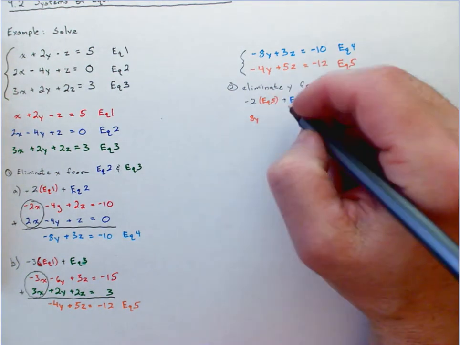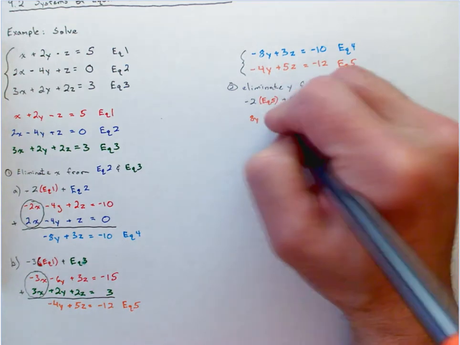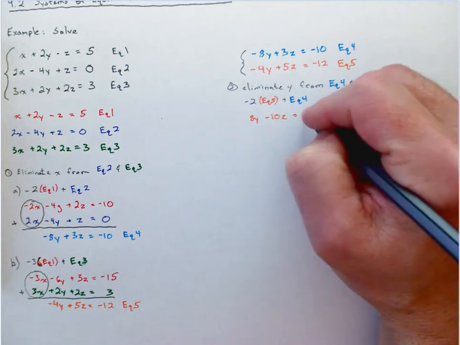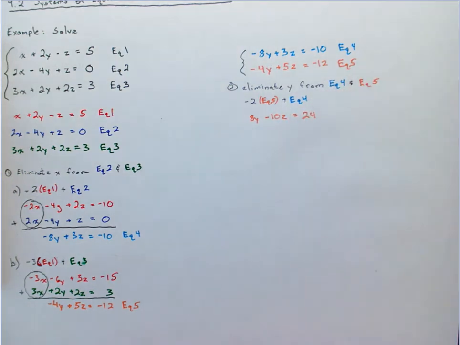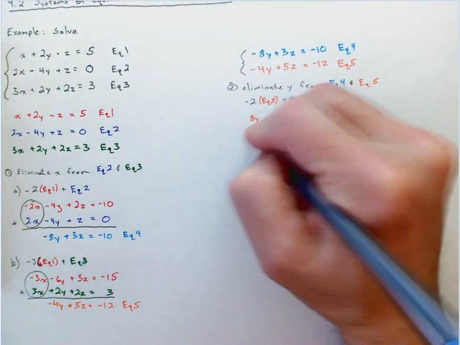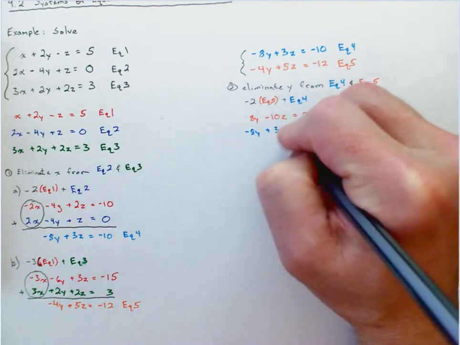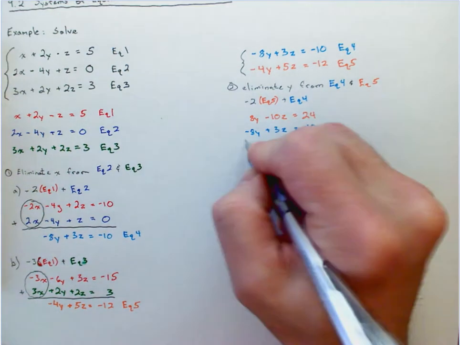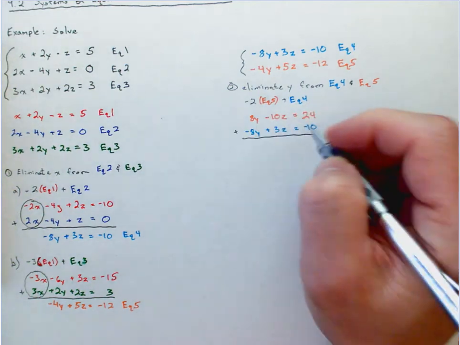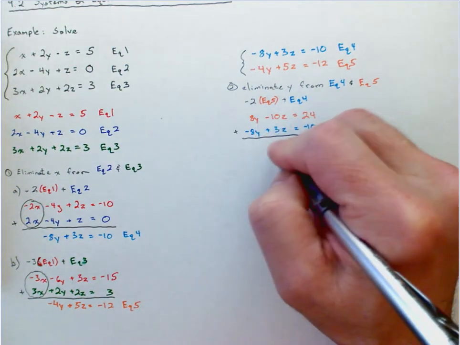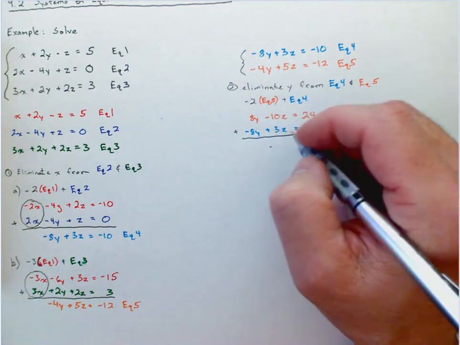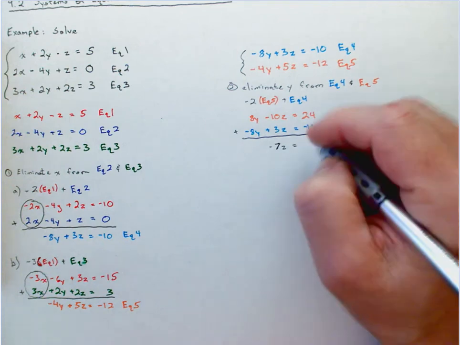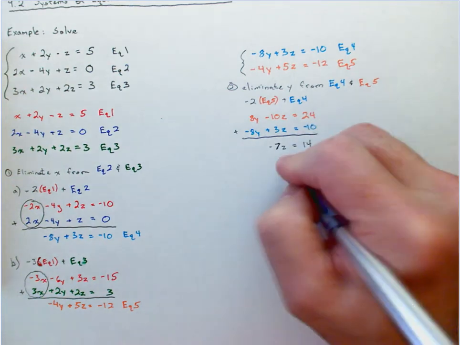I end up with 8y minus 10z equals 24. And then I have my negative 8y plus 3z equals negative 10. And I add them together. And I end up with negative 7z equals 14. So z equals negative 2.